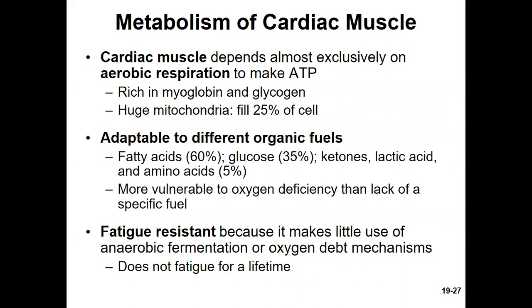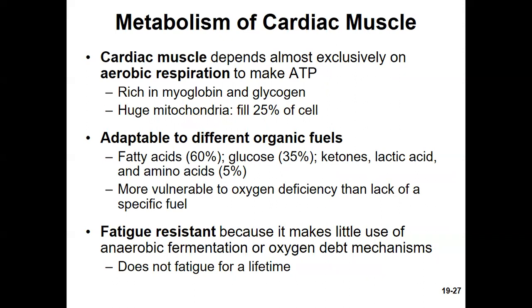So now we're going to shift over to metabolism of the cardiac muscle. Cardiac muscle is almost completely dependent on aerobic respiration, meaning oxygen dependent respiration. Aerobic respiration produces the most ATP. ATP is what the heart needs to function.